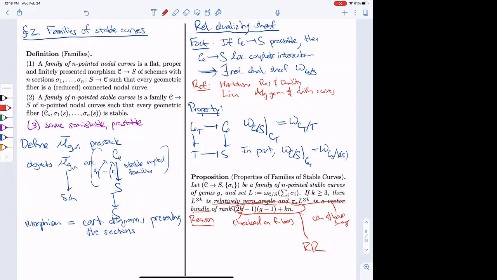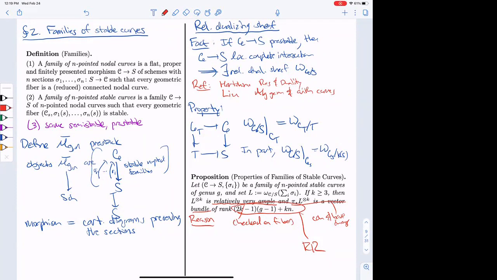Can I ask you something? Already in the case of smooth curves, we have the curve C and we want to embed C inside the projective space P of the pushforward. How is this map defined globally? Meaning, if I have just one curve, I take a basis of the sections.